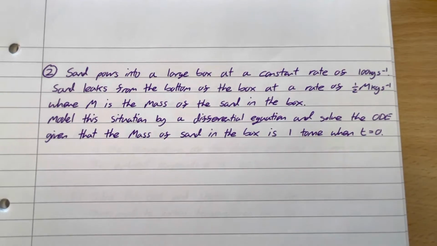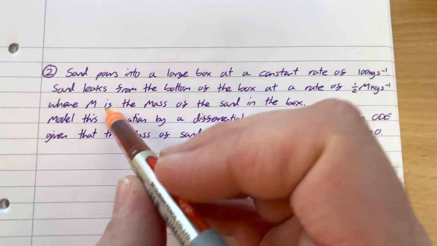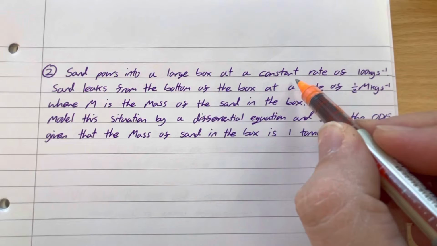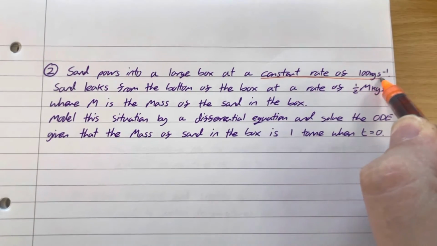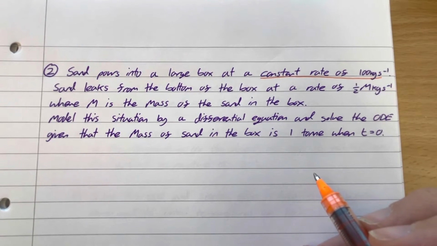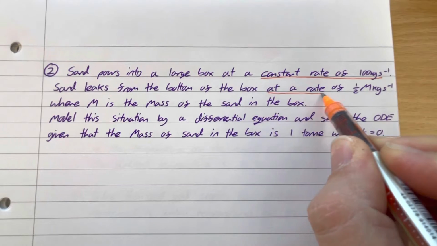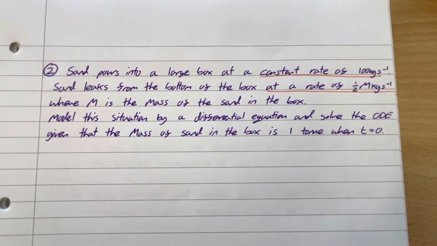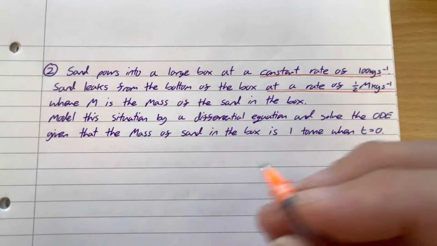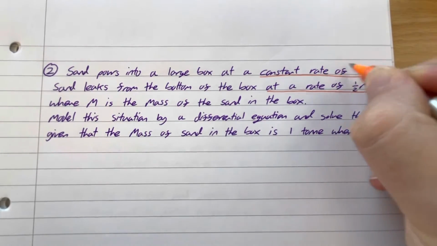Okay, lots going on here. So we've got sand poured into a large box at a constant rate of 100 kilograms a second. But also, it leaks from the bottom of the box at a rate of 0.5 m kilograms per second. So this is going to be an input.